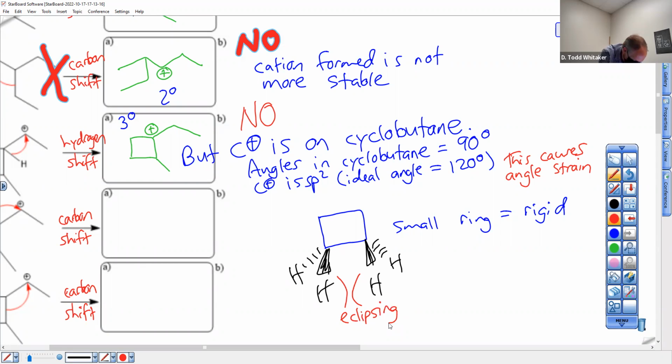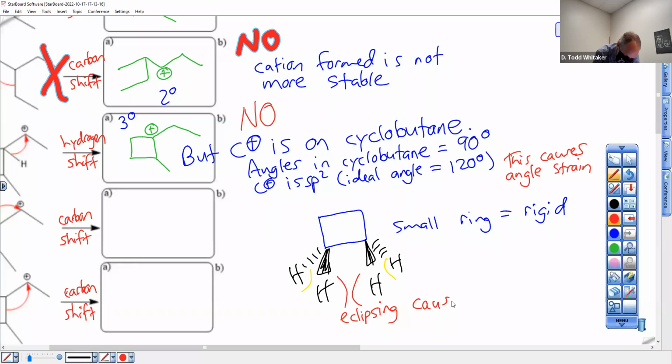Same for down here. Yellow in front of yellow. And it's all the way around this ring, not just these 4 H's I drew. This happens when the rings are so rigid they can't sigma rotate. Like our chairs were fully free to sigma rotate. Remember that? Our chairs never had any of this eclipsing.